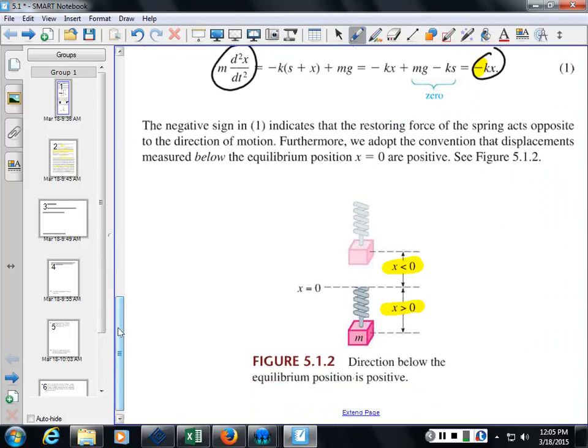Now, if you have a spring like this with a mass hooked onto it, and the mass is being pulled down, then we say that this downward direction is the positive direction. Objects in space that fall down are said to be falling the right way, because that's where gravity is trying to pull them.